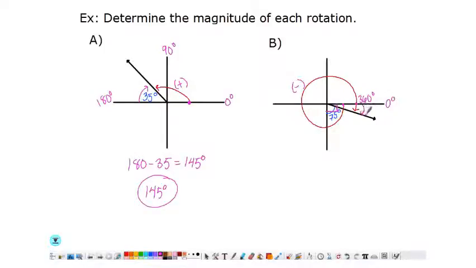We need to figure out what this angle right here is. To figure that out, we would do the 90 degrees in that quadrant minus the 75 degrees we are not using, which will leave us with 15 degrees. So to get our total angle of rotation, we would do 360 degrees plus 15 degrees, which would give us 375 degrees. And it was a clockwise rotation, so our answer would be negative 375 degrees.